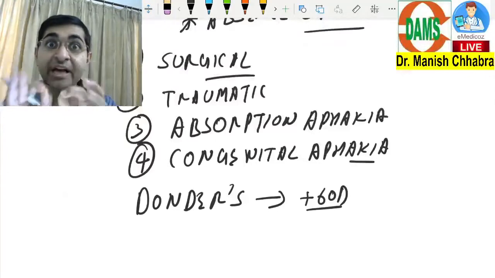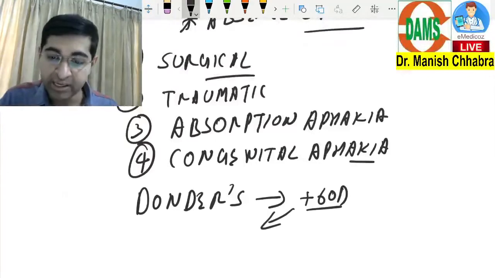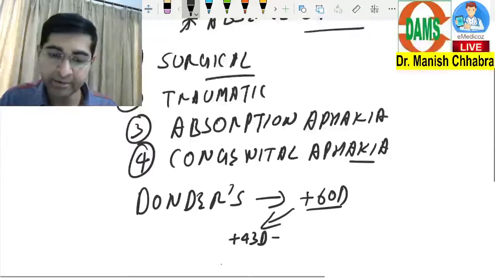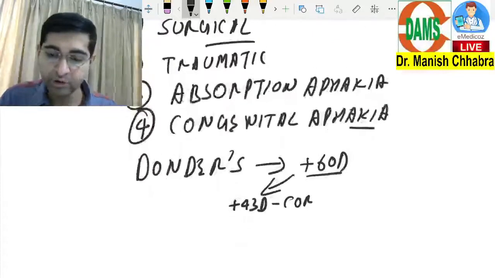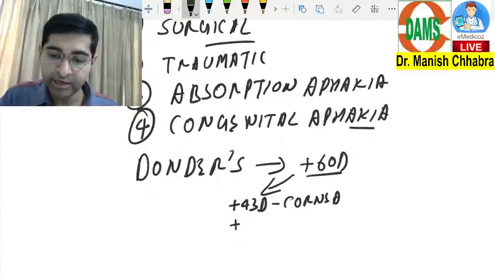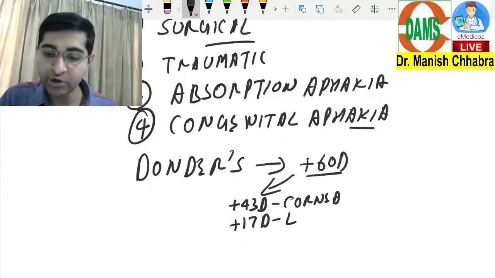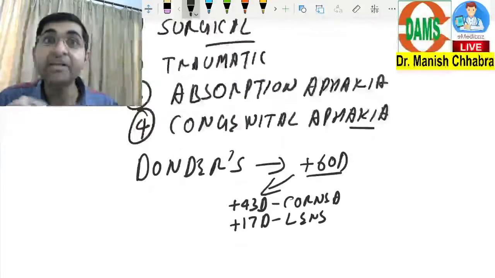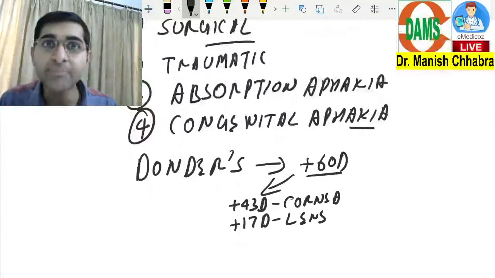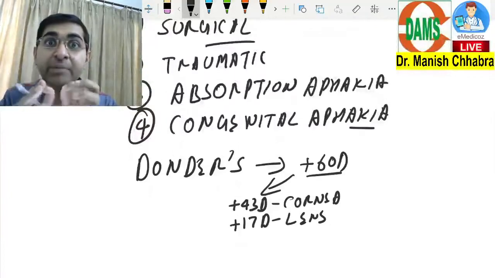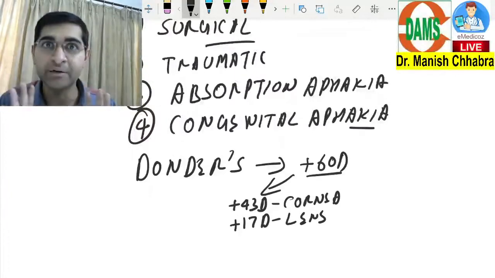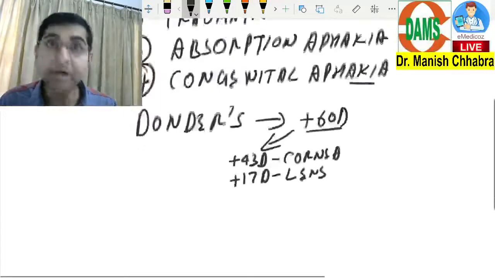In this plus 60 diopter, plus 43 diopter is contributed by the cornea, while plus 17 diopter is contributed by the lens. And when the lens is not there, what is going to happen? The patient will become hypermetropic.